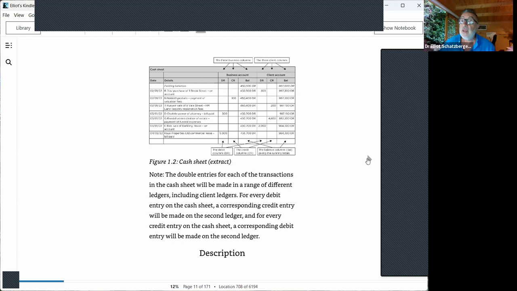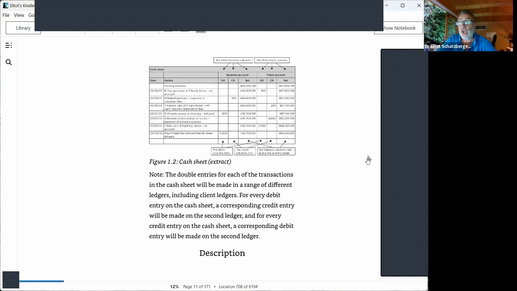And the answer would be 300 debit in the client column of the cash sheet. 300 credit also in the client column, by the way, of his ledger. So the other rule is you can never have it in the client column in one ledger and the business column in another ledger. The ledgers have to match. So if it's client side in the cash sheet, it's client side in his ledger.